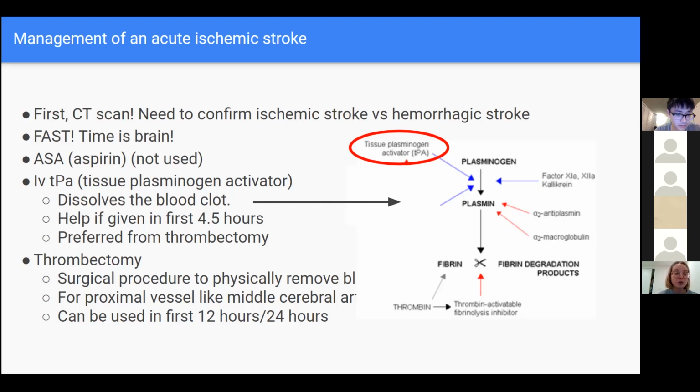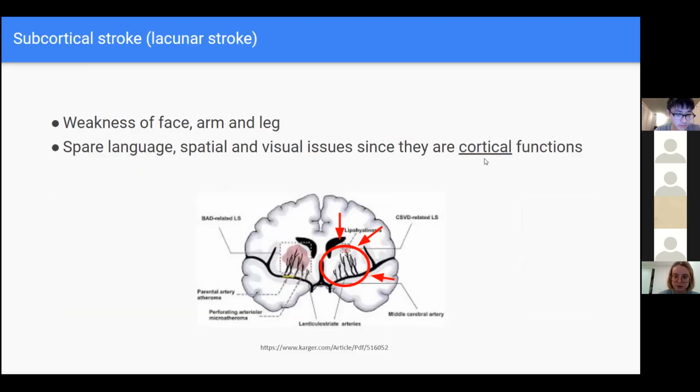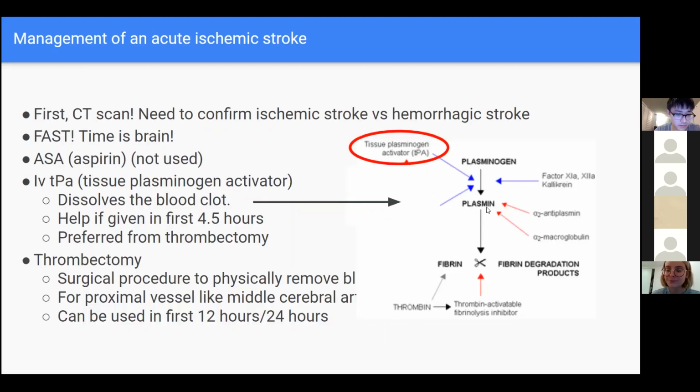The thing that we use the most is IV TPA. IV TPA is something that will dissolve the blood clot by, as we see on the right, promoting the change of plasminogen into plasmin. So TPA will act here, changing plasminogen to plasmin, and plasmin will be able to break the fibrin clot into fibrin degradation products.